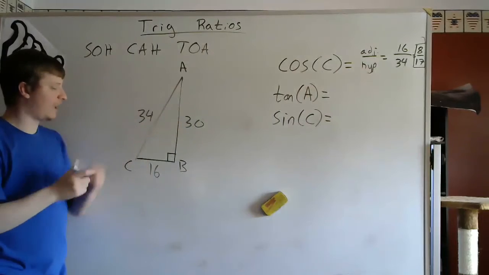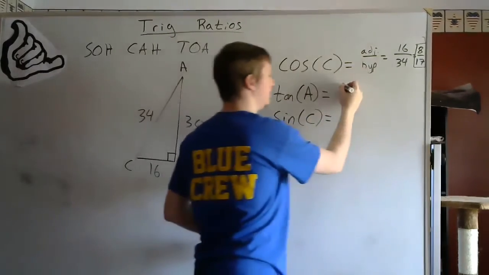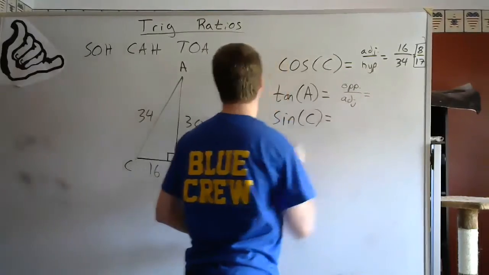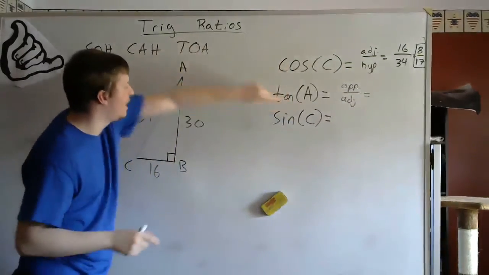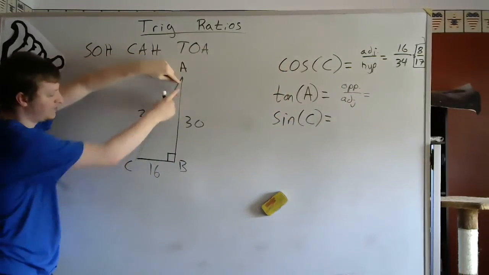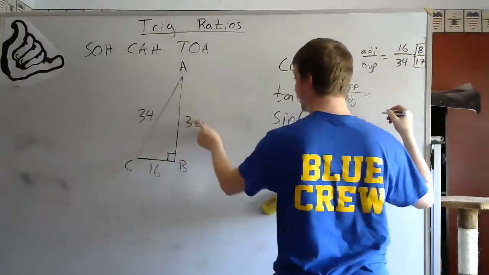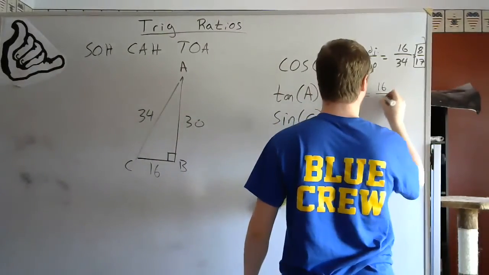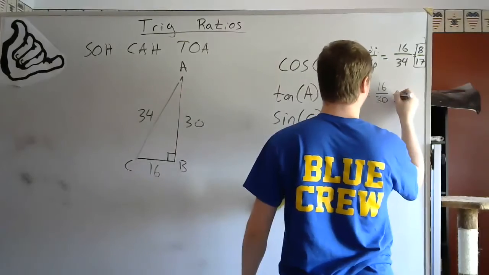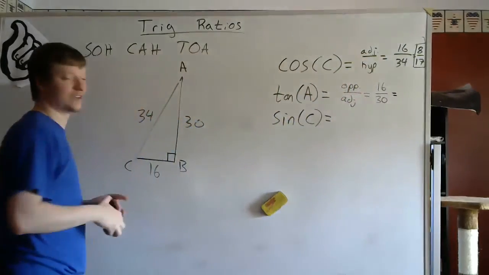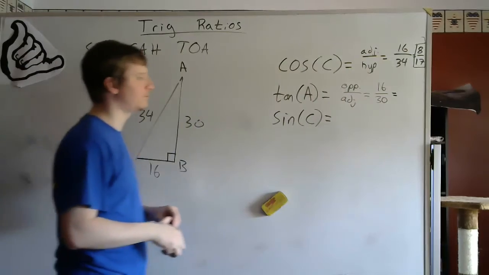For the tangent of A, tangent is opposite over adjacent. I'm looking at angle A this time. Opposite is going to be 16. Adjacent looks like it's going to be 30. So 16/30 is what we have here. Again, looks like only 2 goes into both of those.